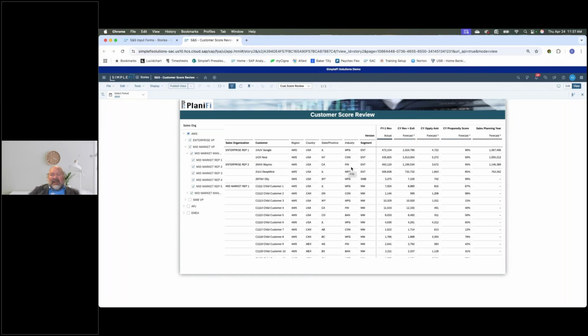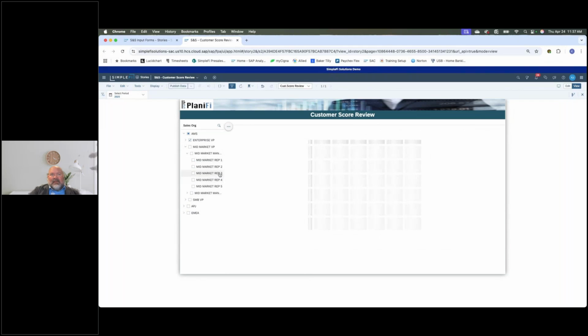So if I'm setting up what I call bands, I want to say, okay, for fiscal year -1 revenue, this is all of my historical information about these accounts, right? If I want to set up a band for this, I look at only enterprise and take away the mid-market and the SMB.